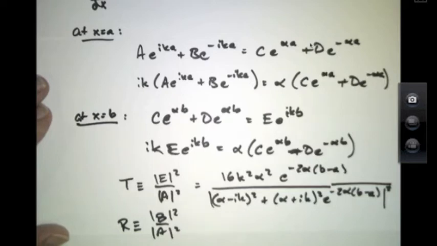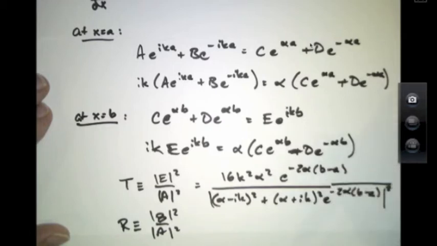And we will look at some special cases of this formula. But basically you get the sense here that as b gets much larger than a, this transmission goes down because this exponential gets lower. As alpha gets large, this transmission goes down.